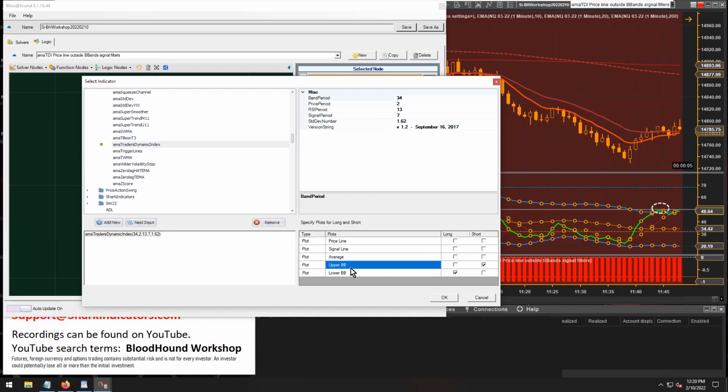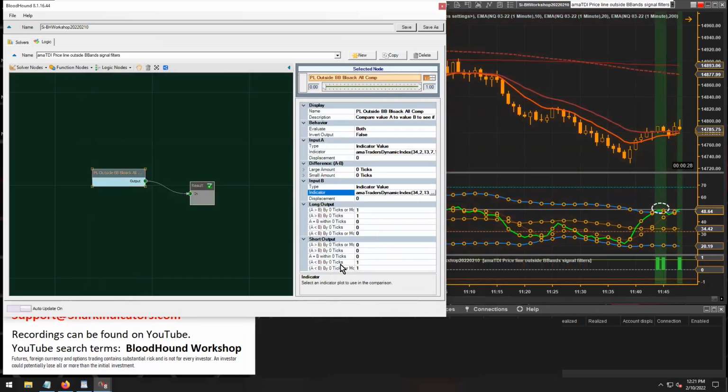Oh, wait, do I have this backwards? Yeah, I have this backwards. If the price line is above the lower band, we're good for shorts. So if the price line is below the upper band, we're good for a long. Okay.